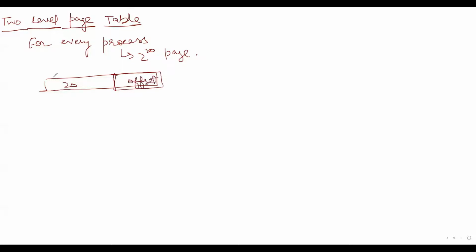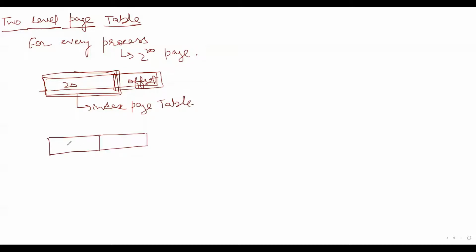Let's only discuss this part, because this part is used to index the page table. Now what are we doing? We divide this part into 2 parts. So this 20, let's say I am dividing it into 2 parts, 10 and 10.